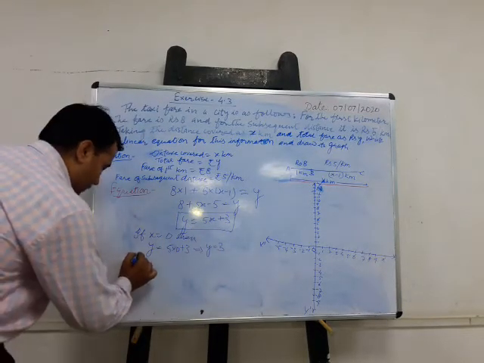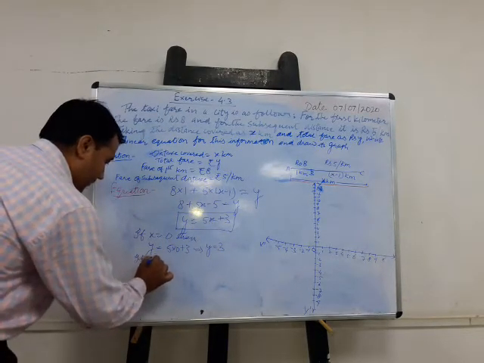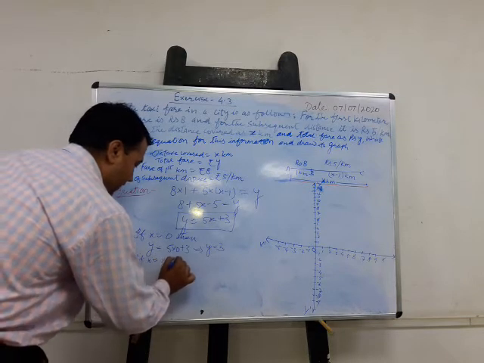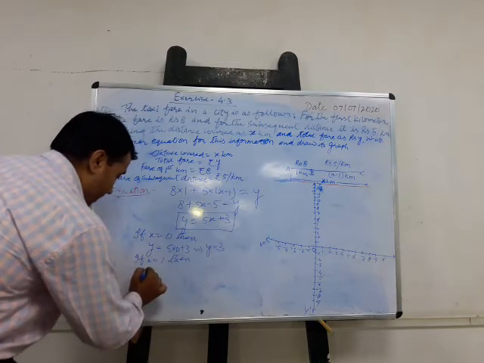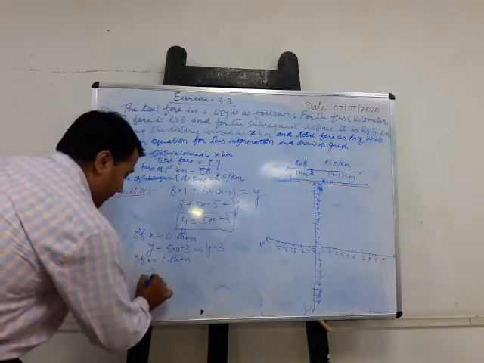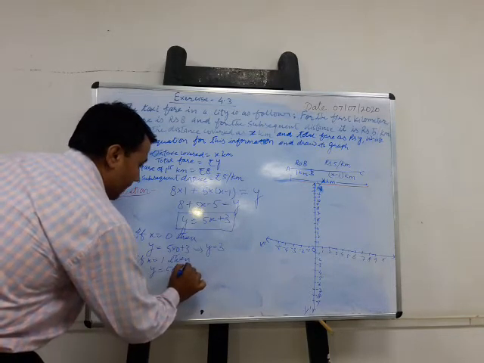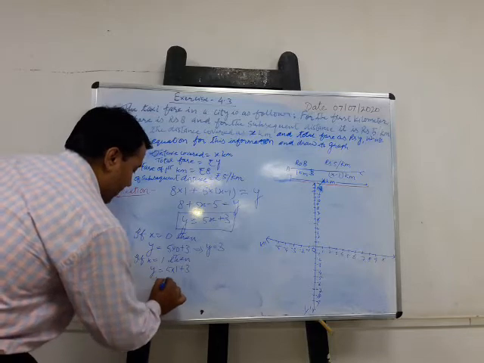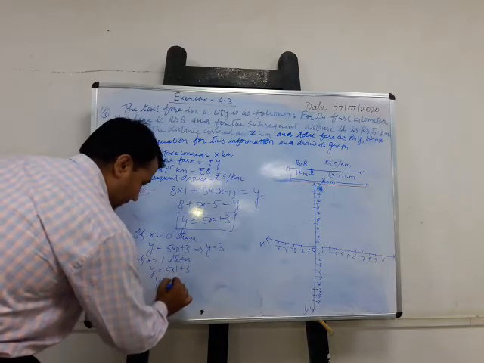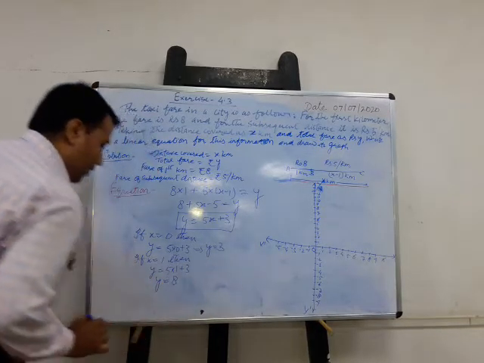Now if x equal to 1, then y equal to 5 into 1 plus 3, that is 5 plus 3, equal to 8. So y equal to 8.